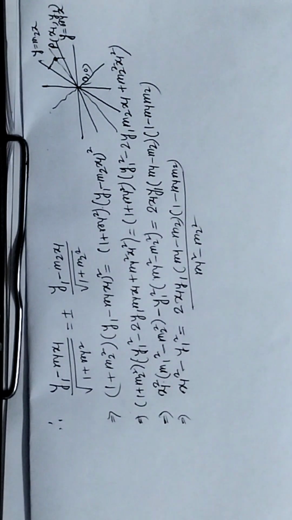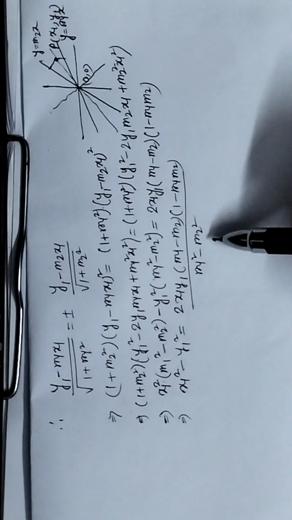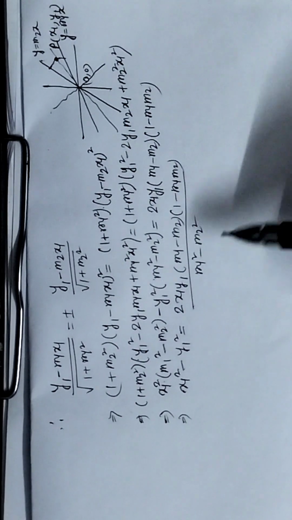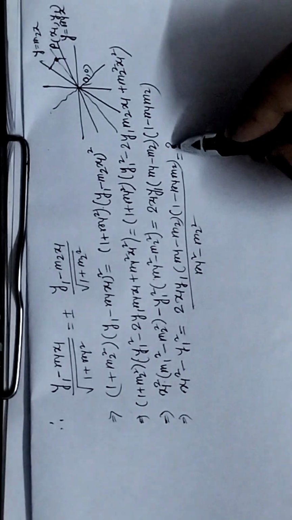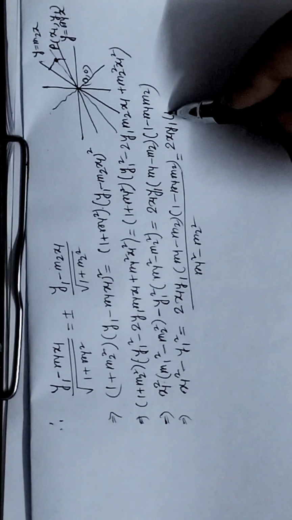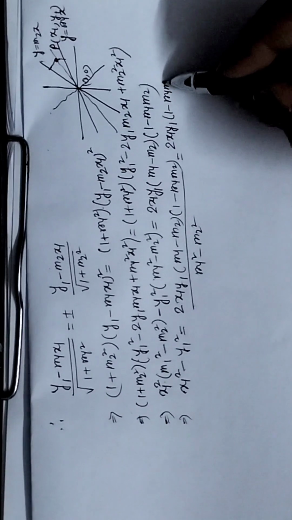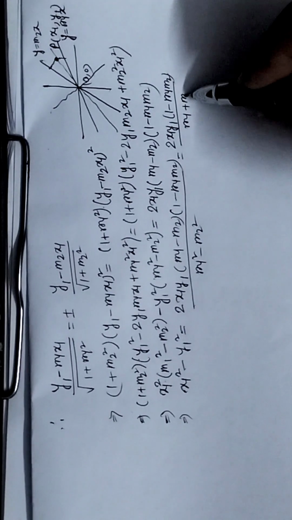Okay. So now this m1 square minus m2 square can be broken into formula m1 plus m2 into m1 minus m2, and this part will be cancelled. So this will ultimately give us 2x1 y1 into 1 minus m1 m2 by m1 plus m2.